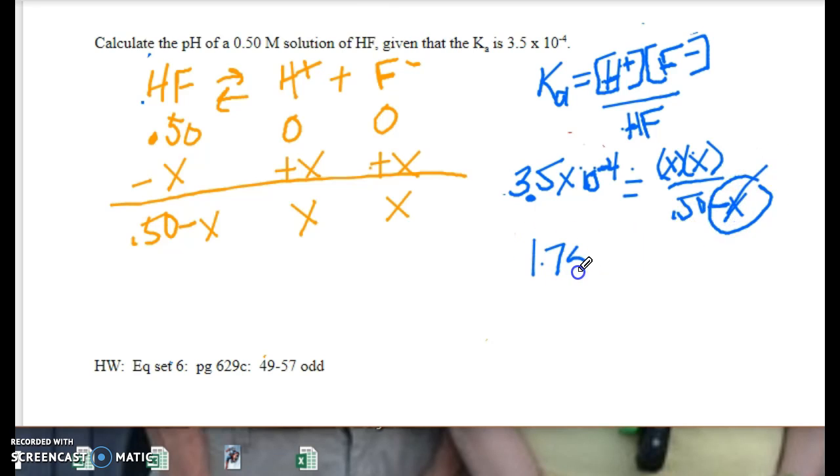So 1.75 times 10 to the minus 4th comes from doing 3.5 times 0.5 equals x squared. And then x is going to be the square root of that, which is 1.3 times 10 to the negative 2nd.